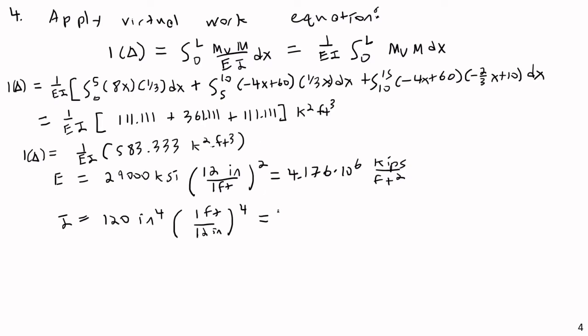And we are then going to get 0.005787 feet to the 4th power. And then I can just put all this into the formula. I think I might do this on the next slide to give myself a little more room.